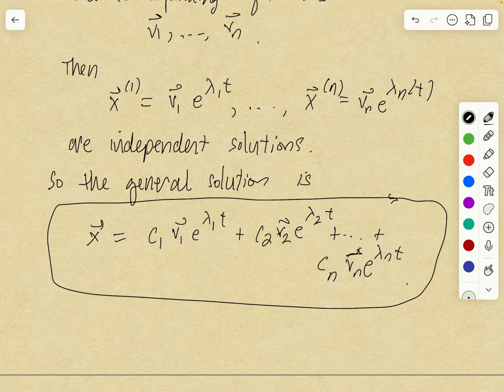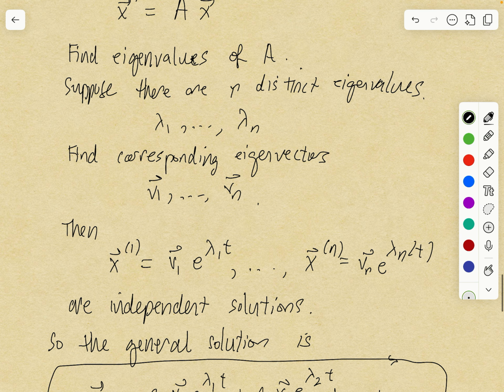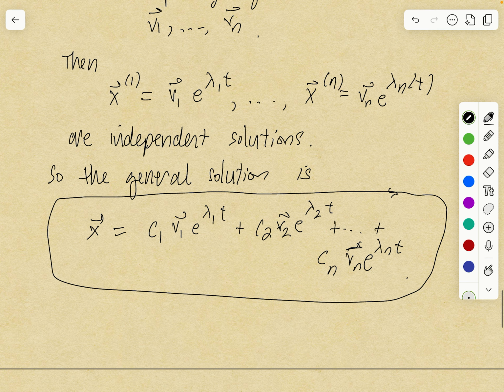That's the general solution if your matrix A has n distinct eigenvalues. Of course, your matrix A might not have n distinct eigenvalues, but if it does, then this is the general solution, for the exact same reason as in the example we just did. You can find the solutions, check with the Wronskian that they're independent, and so by the general theory, this is the general solution.